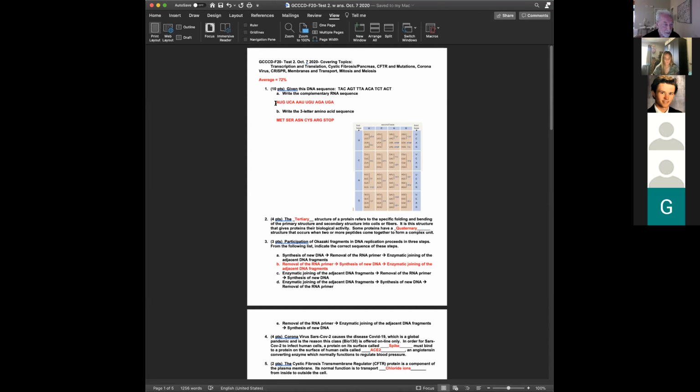So if you take the first codon in RNA, AUG, the first base is A. You go down to A, and the second base is U, so you go to the first box to the right, AU, and the third base is G. Third base is all the way over to the right, third base is G, so you go back to AUG, that's methionine.